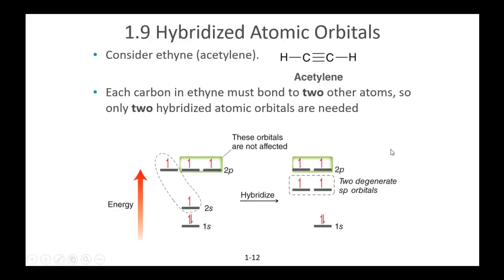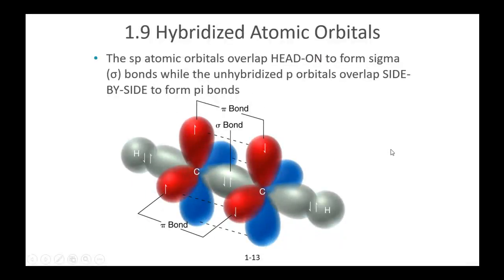Now let's go ahead and take a look at the orbitals for acetylene. In particular, you'll want to pay attention to the geometry of all of these orbitals relative to each other. So we'll take one carbon atom here, the one that's drawn a little bit lower, and you will notice that its 2 sp orbitals are positioned at 180-degree angles to each other.